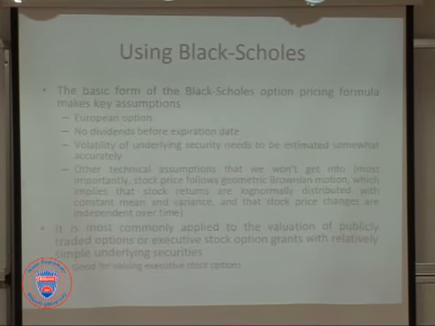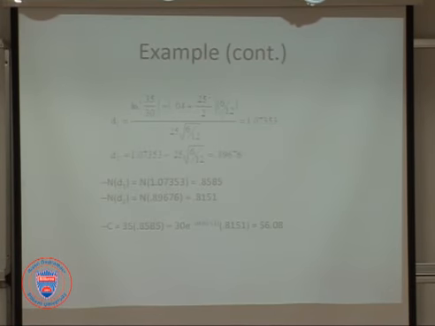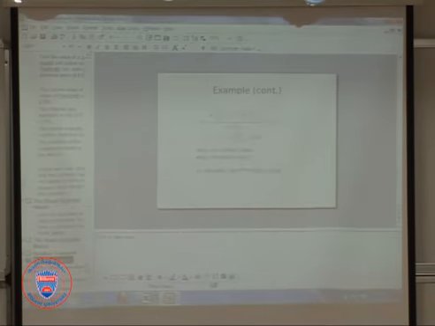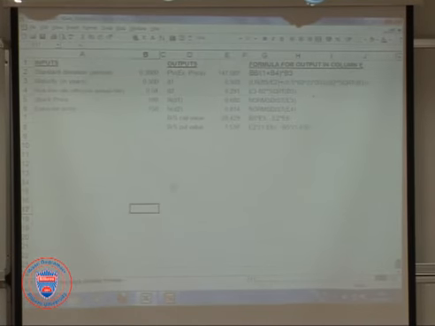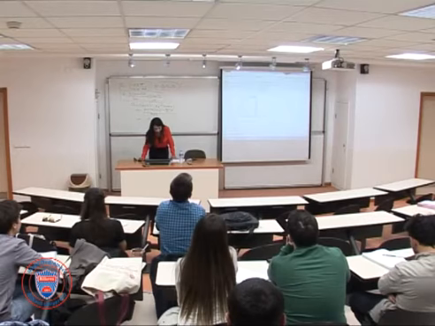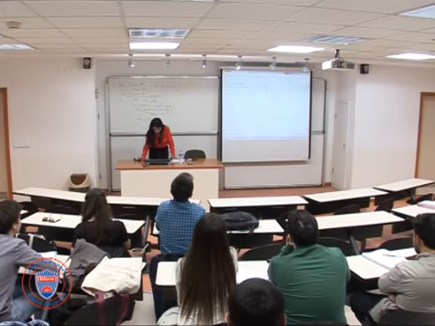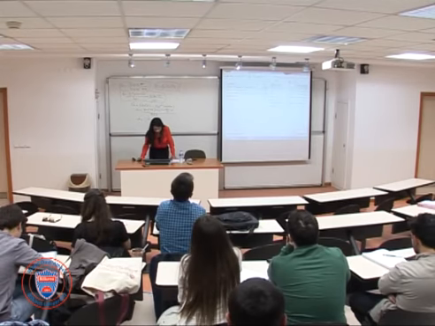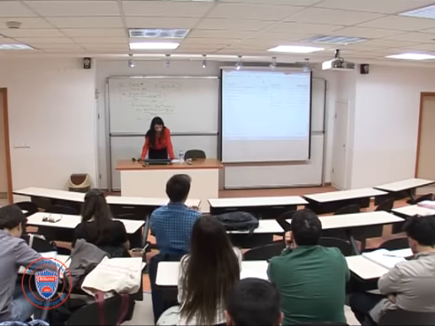Another thing is I'm actually going to put this Excel document on Moodle, so it will give you the value for call and put. How do I zoom in? Okay. So let's try to do this for our example.